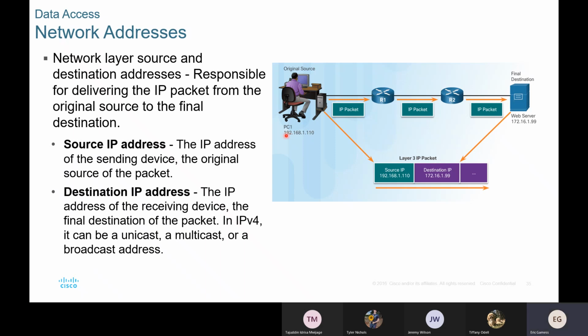The source IP address will be the IP address of PC1, which is 192.168.1.110. And the destination IP address will be the IP address of the server, which is 172.16.1.99. So in all the hops, in this hop, and in this hop, the source IP address and the destination IP address will not change.